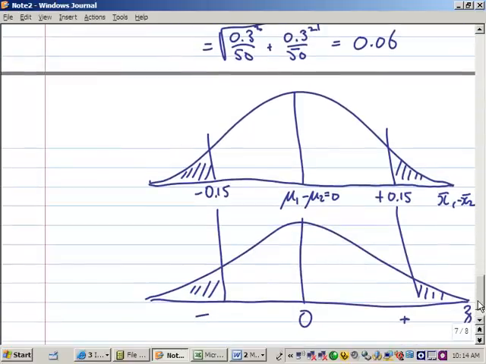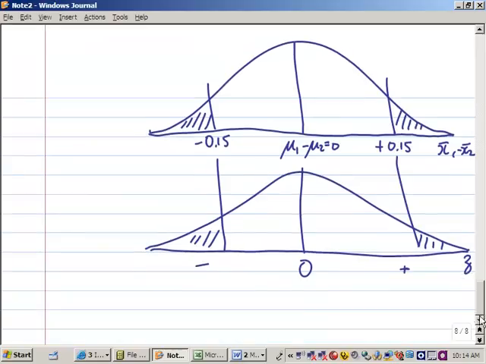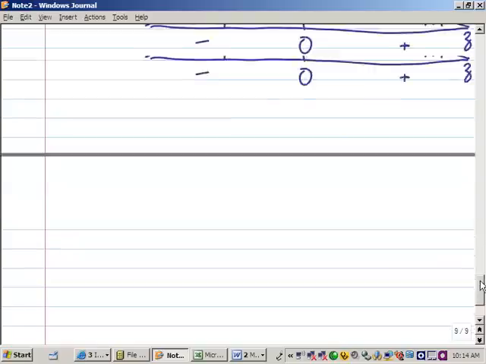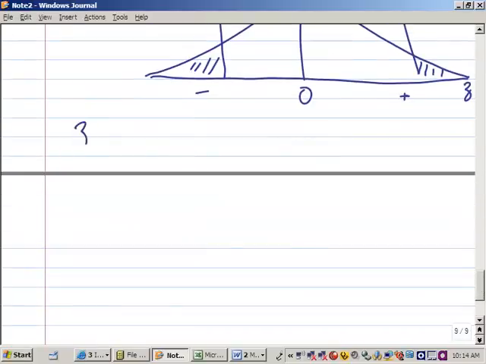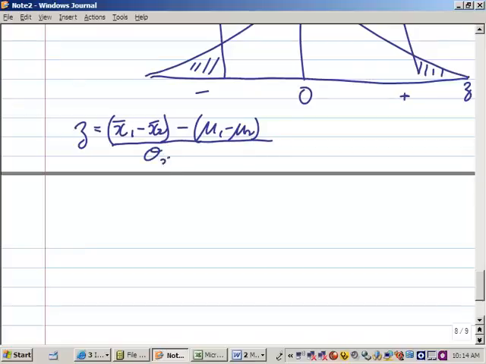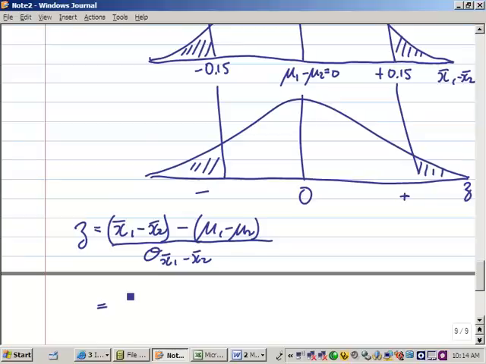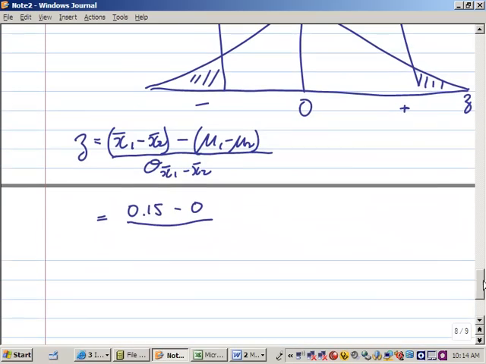And so to go to our z values, let's put that down here somewhere. The z will be the limit x bar 1 minus x bar 2 minus the mean of the normal distribution, mu1 minus mu2, divided by the standard deviation sigma sub x bar 1 minus x bar 2. The limit, say the first one, positive 0.15, the upper limit, minus the mean of 0 divided by the standard deviation of 0.06.